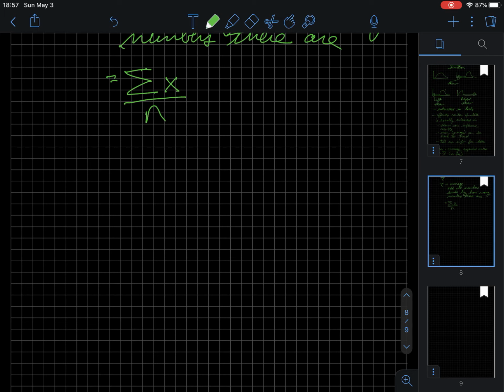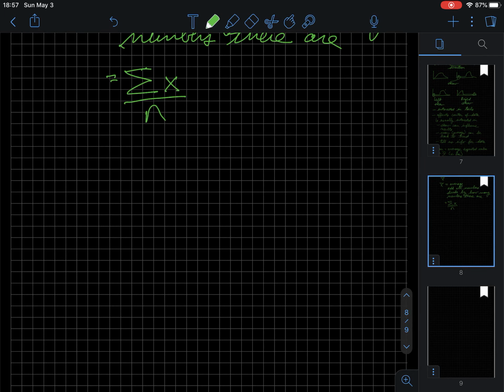Let's take, for example, just a real quick refresher in case people forgot, if we had 7, 17, 13, 4, 12, and 11. How would we go about solving this?